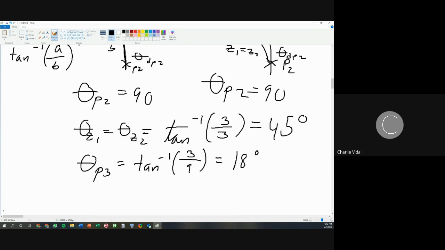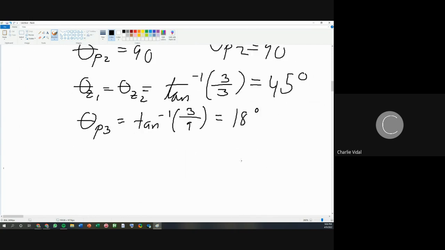After you do that, you have an equation to find theta dp1. To find theta dp1, you do the sum of the theta zi, so basically these two.